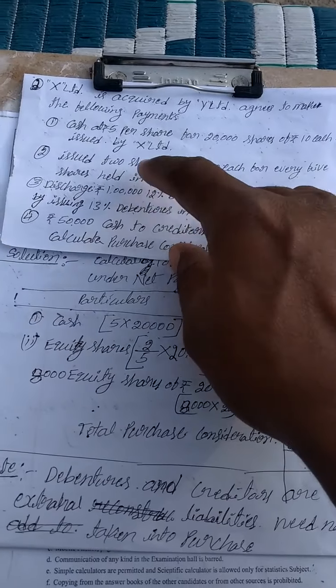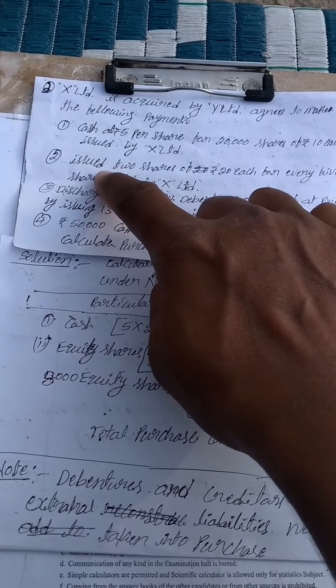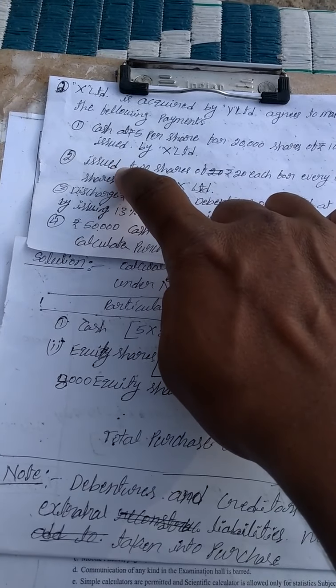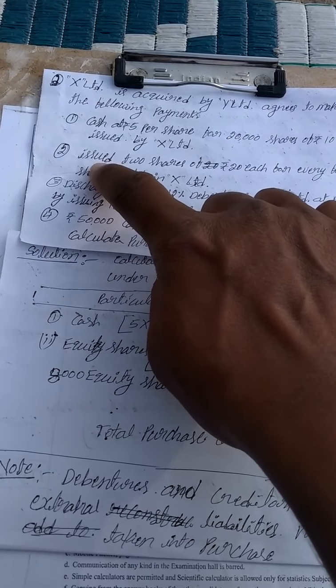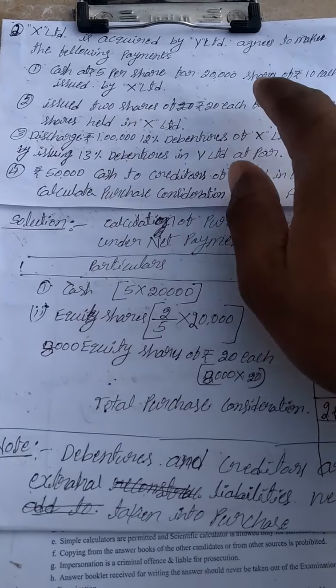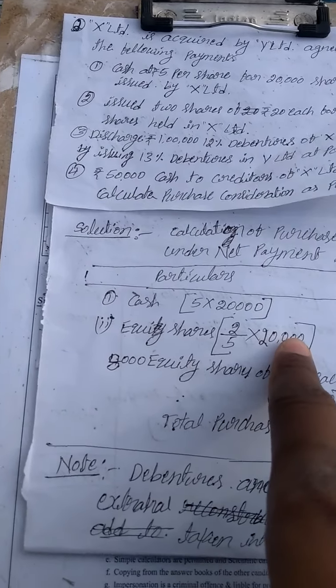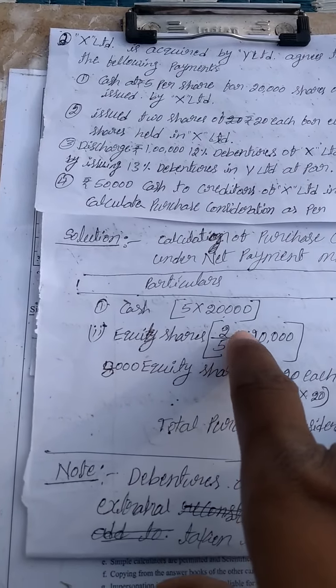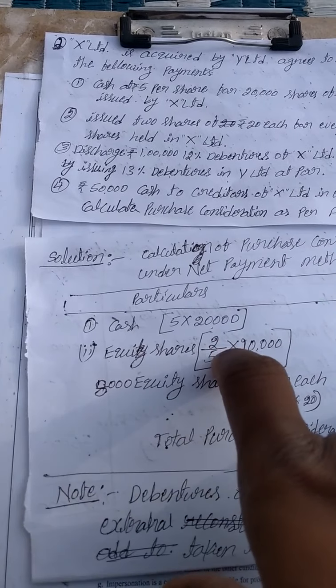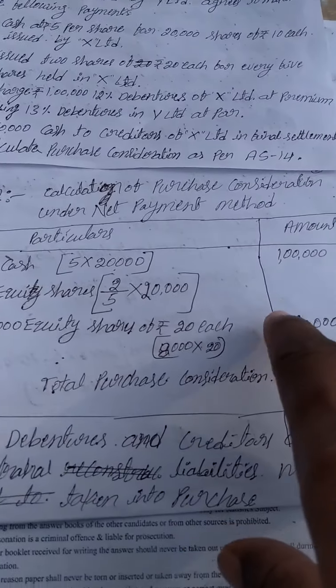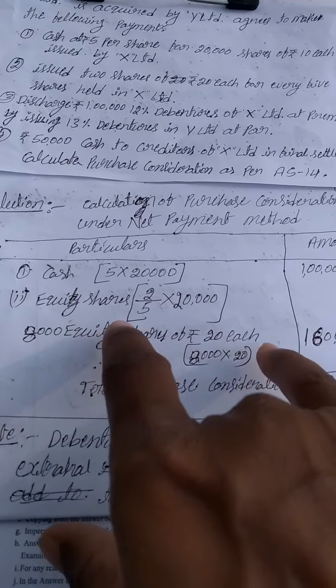Next one is equity shares. Here we have 20,000 shares. Every 5 we are going to issue 2. That is 2 divided by 5 into 20,000. We are going to get 8,000 equity shares.